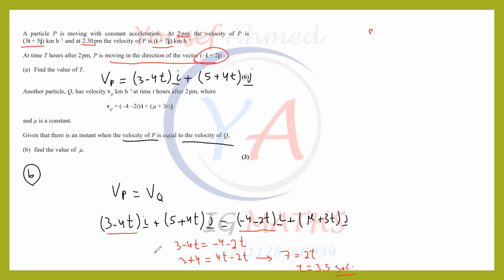So you can get back to the j component now. It will be 5 plus 4 multiplied by 3.5 is equal to mu added to 3 times 3.5. We'll try to work on mu. So now 4 times 3.5 gives 14, and 5, which is 19.